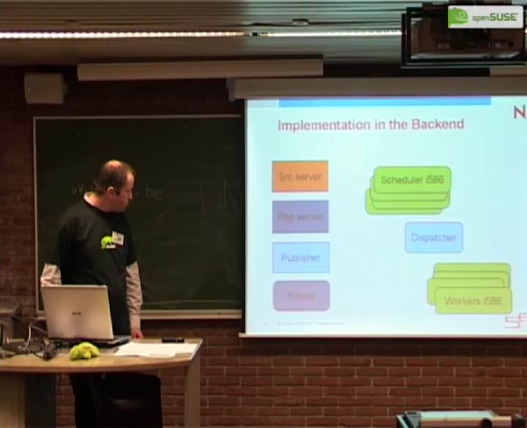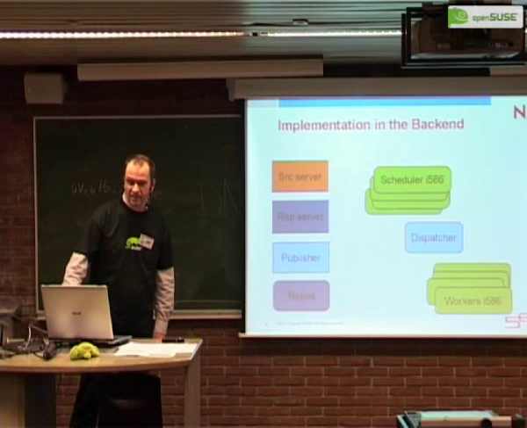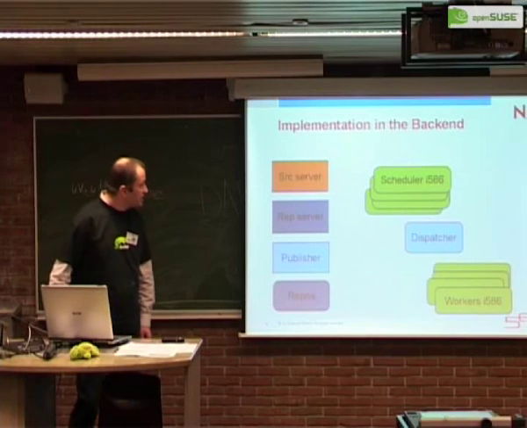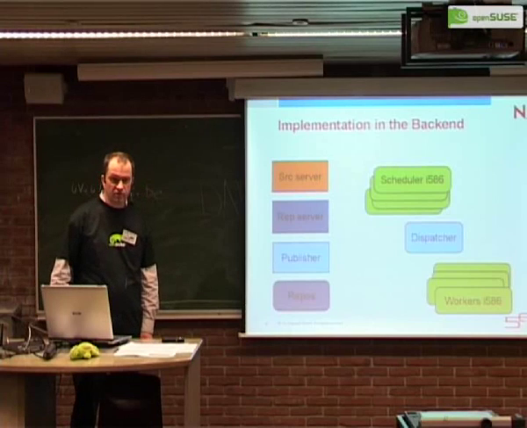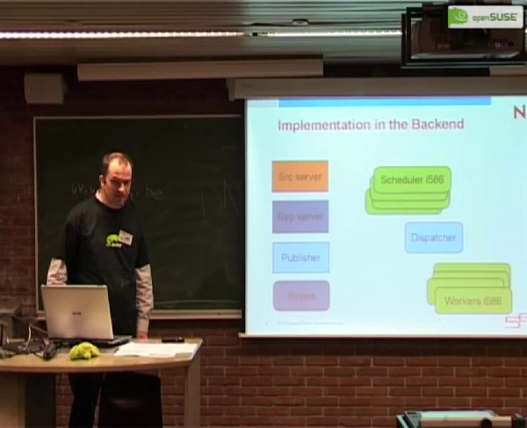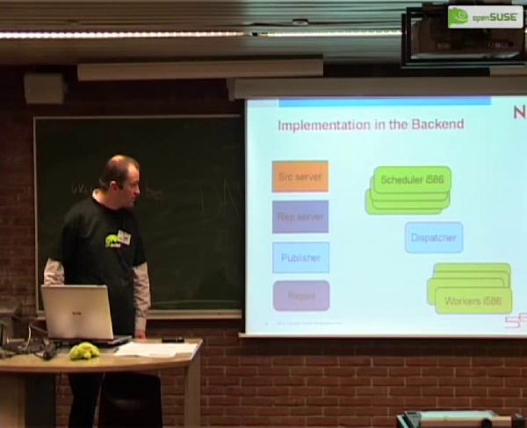The dispatcher was changed to handle the new architectures, and we have new schedulers for the new architectures, and the workers now have to take care that emulation needs to start when you have an ARM package that needs to be built or run in a worker.